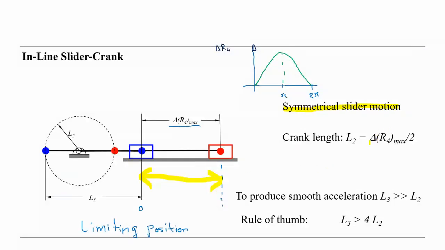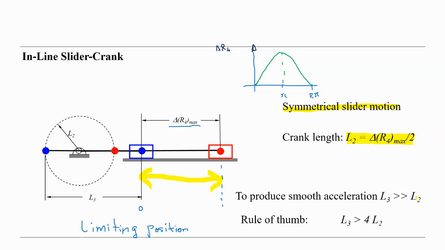Therefore, if we divide this delta R4 by 2, we achieve the length of L2. Now the problem is, how can we define L3?